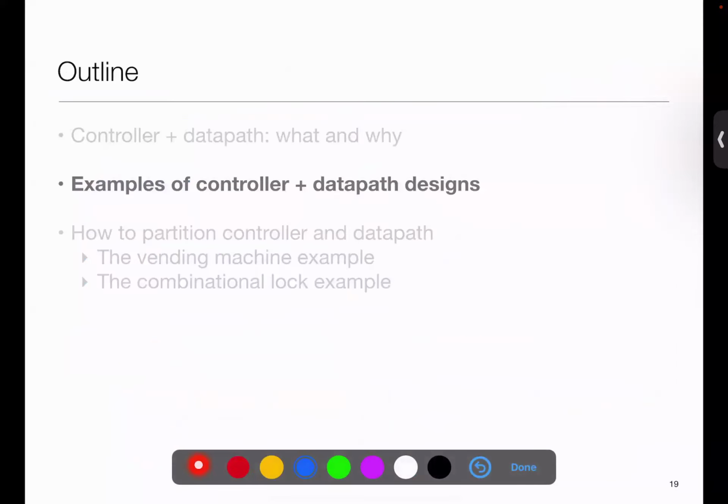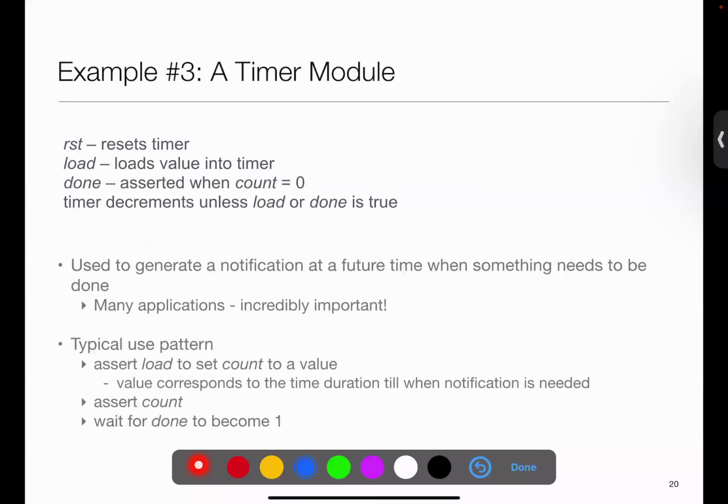Okay, so let's look at some more complicated examples of how we scale this up. Say our ambitions have gone higher, and now we want to build a timer module.